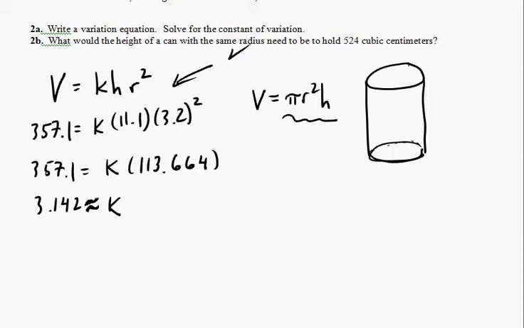Now 2b says to find what the height of the can with the same radius would need to be to hold 524 cubic centimeters. So this was part A. Part B, we're trying to find h when the volume is 524. So we have pi times the same radius as before, which is 3.2, and we're trying to find h.